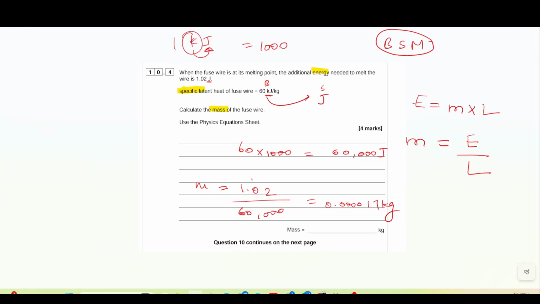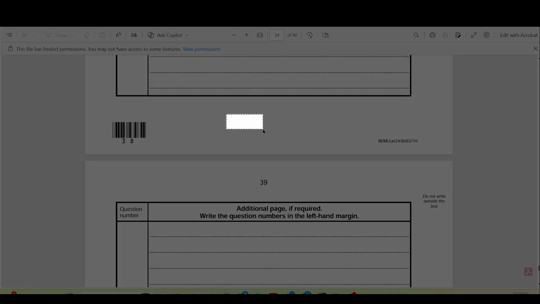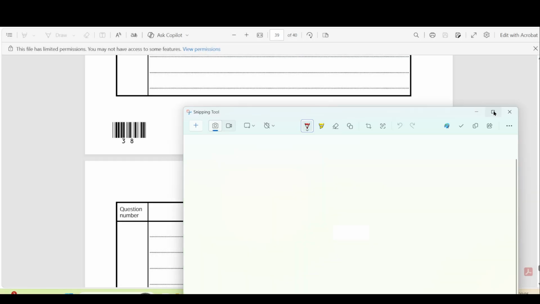No. So let me tell you the main points you need to remember whenever you are doing any math question in physics, or any question where you have to apply an equation. Before applying the equation, check the units and make sure the units are the same. This is really important. After that, check what is given.